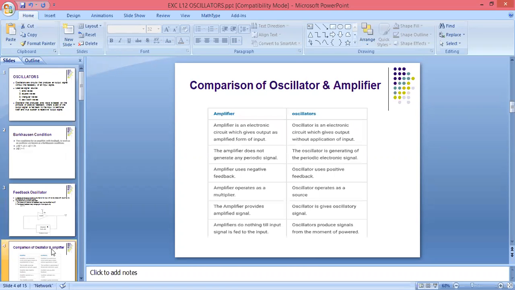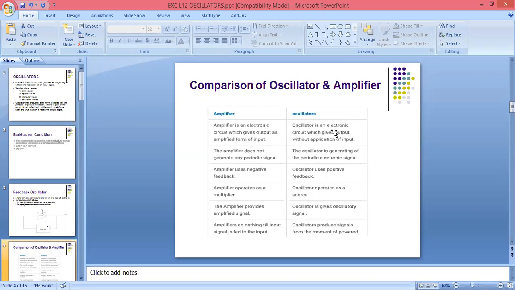Now we can see the comparison between oscillator and the amplifier. We have already studied about the amplifier. So in amplifier, what we are saying? Amplifier is an electronic circuit which is used to give output as amplified form of the input. But in oscillator, we are not using any input.